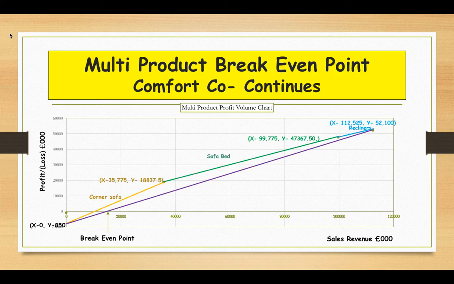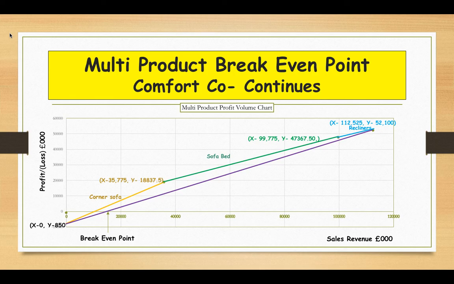So we are going to produce first the corner sofa. So to get the next point, we have to include the sales of corner sofa, the cumulative sales of corner sofa, which is 35,775,000 on the x-axis, and the cumulative profit we have calculated on the previous slide, which is 18,837,500.